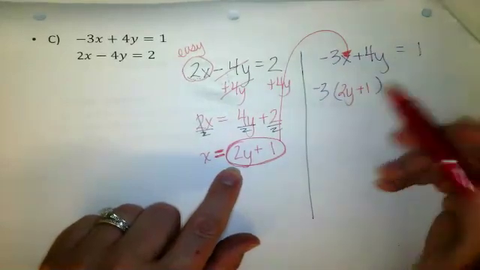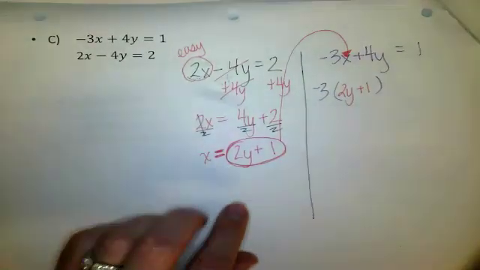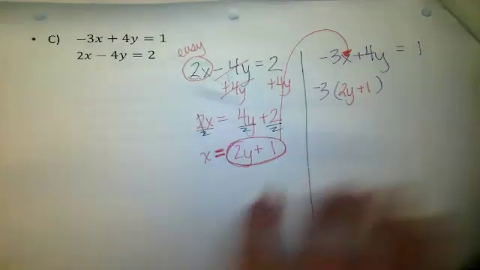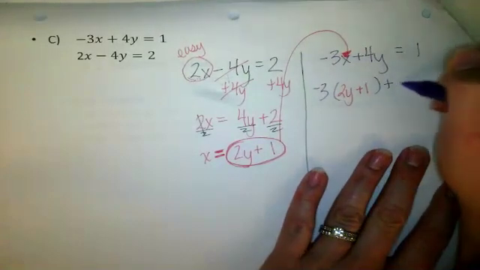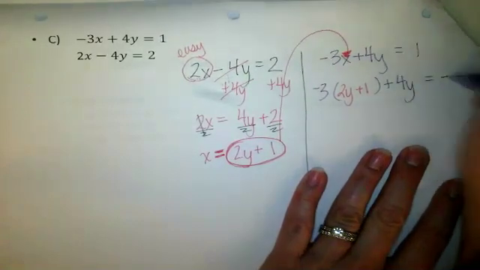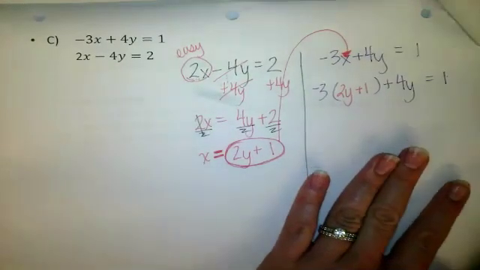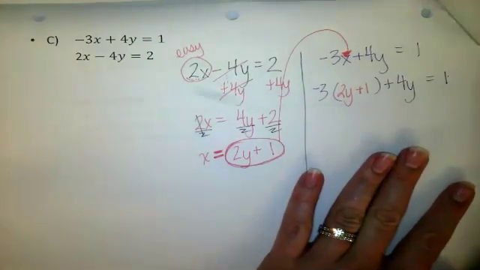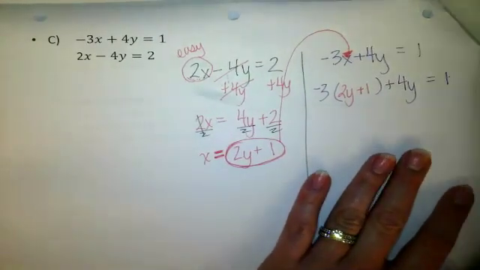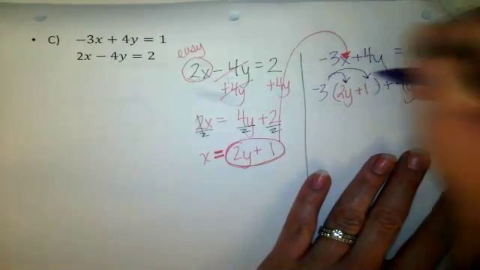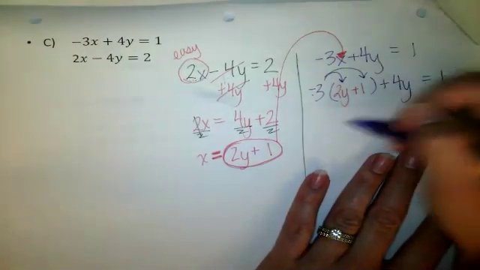Folks, make the circles. Draw the arrows. That's what notes are for. All right? They're really helpful. And then don't forget to write the rest of the equation. Positive 4y equals 1. All right, I'm going to go ahead and do what next? Distribute. Negative 3 times 2y.